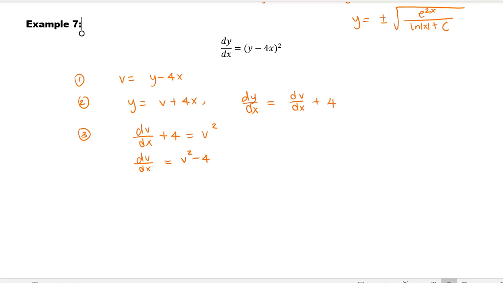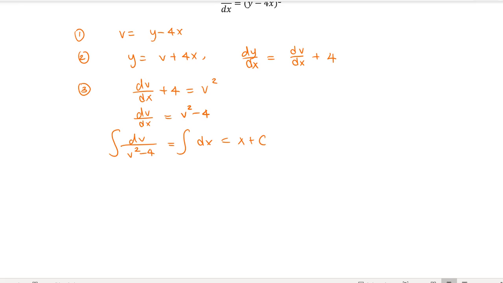This is a separable ODE. Both sides divided by v squared minus 4, both sides multiplied by dx. On the right-hand side it's easy because the integral of 1 is x plus c. But on the left-hand side, do you remember how to do this one?